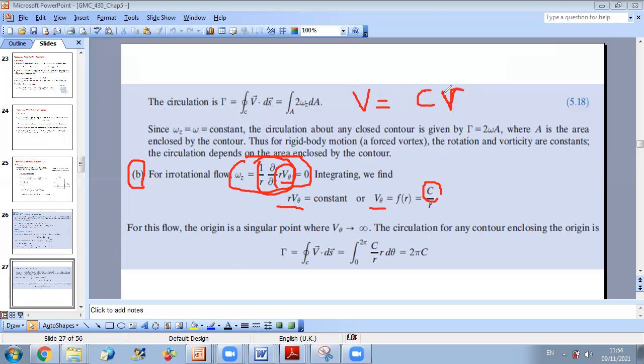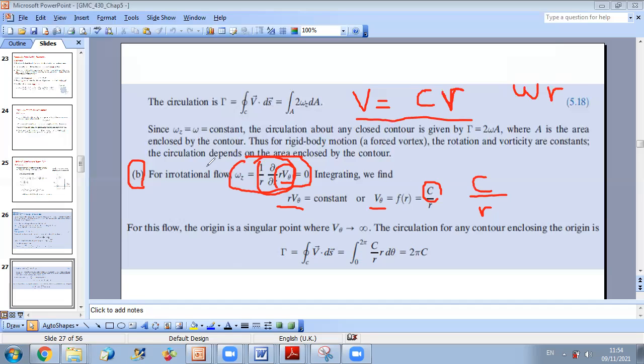And in case it is irrotational flow, it's a constant over r. So in both cases, V is a function of r, but in the first case, it gave us a rigid body motion, because in rigid body motion, we have V equals omega times r.